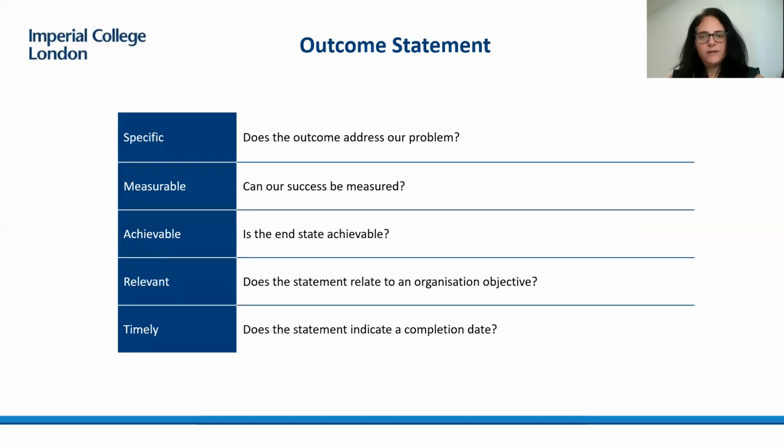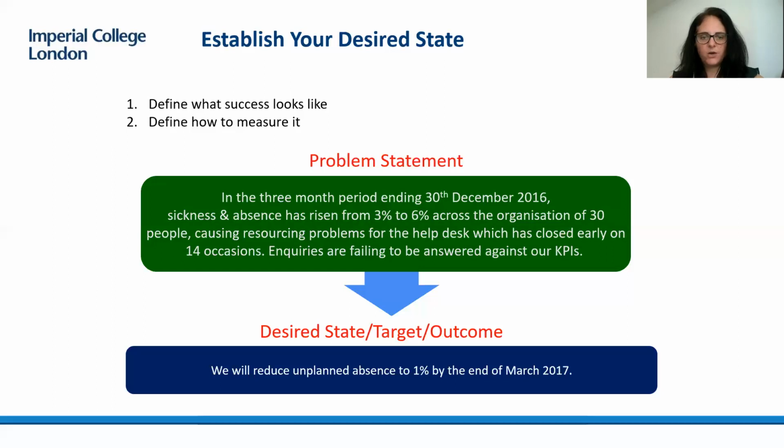Is it achievable? Is that end state achievable? Now, this is where you would start to question. If at the end of 30th of December 2016, it's at 6%, and we say in 3 months' time, in March 2017, we want to get it down to 1%, is that realistic?